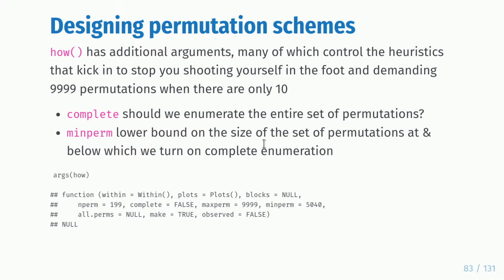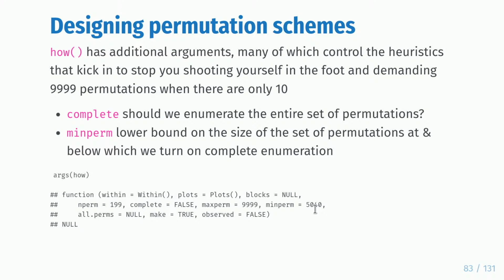And if you just look here in the arguments, the minimum permutations is set to 5,040, and I can't remember exactly why that is, but at some point, if you have fewer than 5,040 permutations, then vegan and permute will automatically switch to doing a complete and exact test, right? And that computes in relatively quick time.